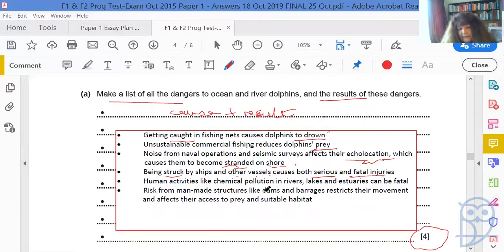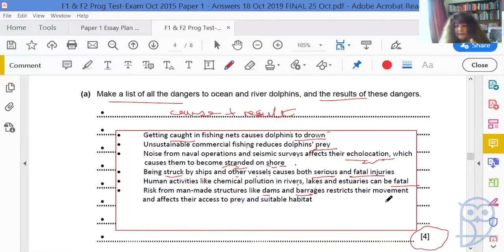Human activities like chemical pollution in rivers, lakes, estuaries can be fatal. Those chemicals are toxic and they're going to poison them and kill them. Risk from man-made structures, as we said, like dams and barrages. This restricts their movement. They can only go so far.